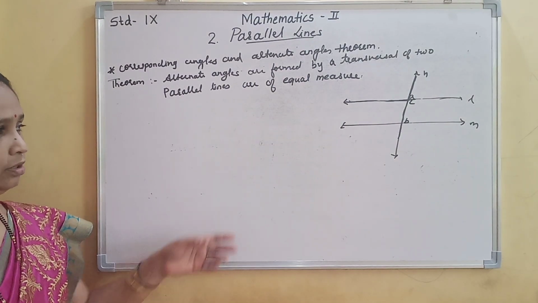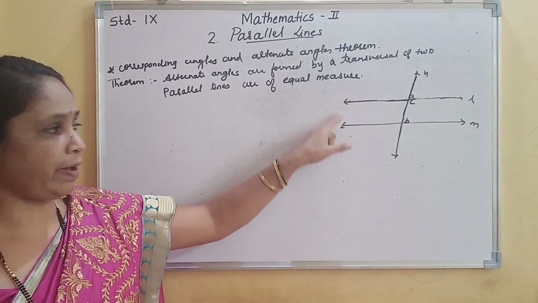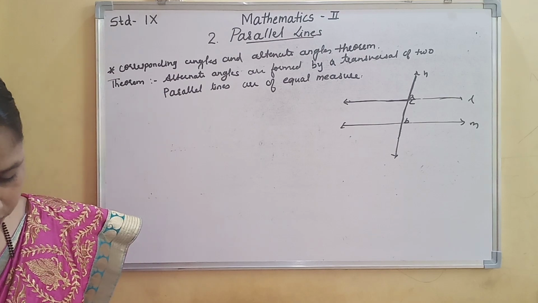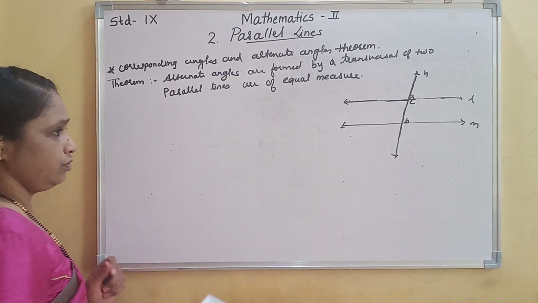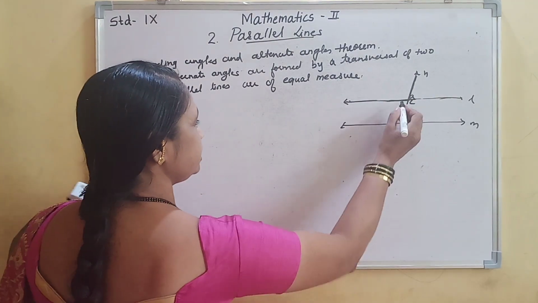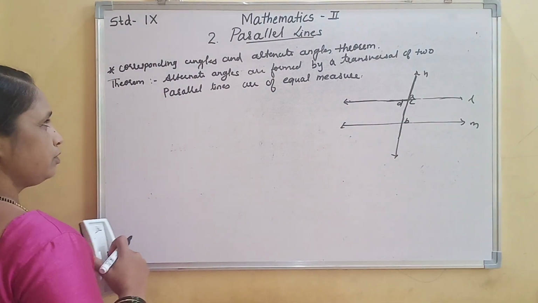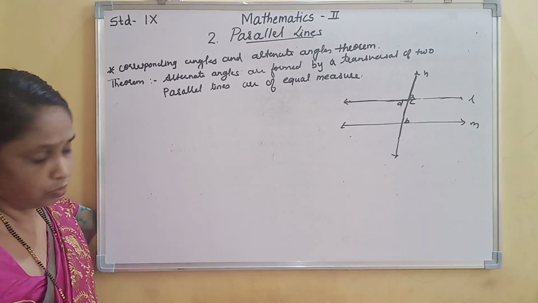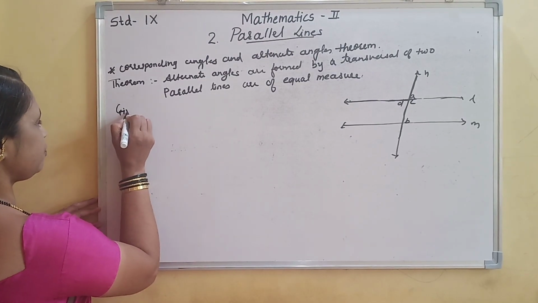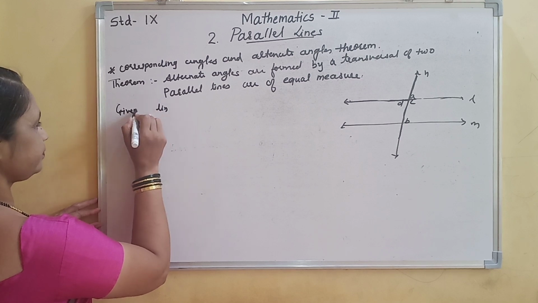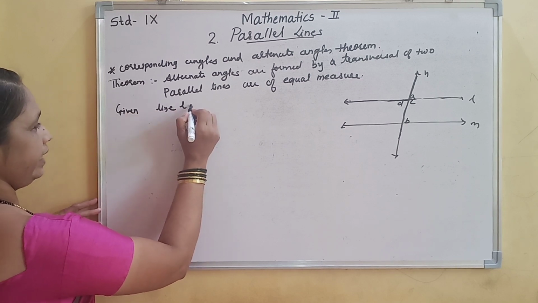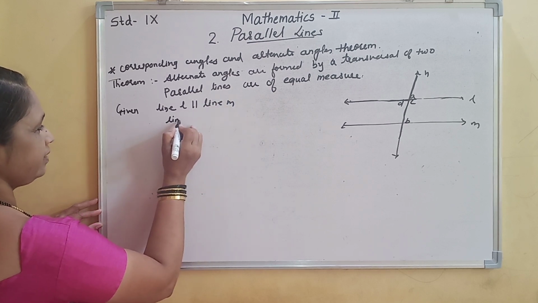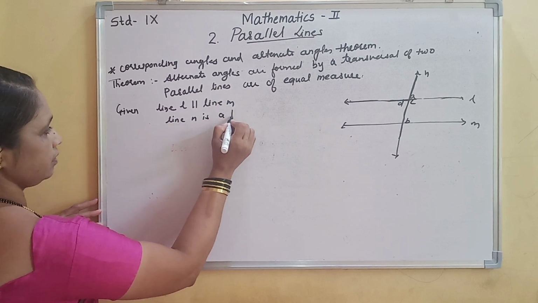We have to draw the figure, that is, line L is parallel to line M and N is the transversal. Okay, so what do we have to write here? Now here we'll name this angle D because we want alternate angles. Okay, so now what will we write? Given is line L parallel to line M and line N is a transversal.